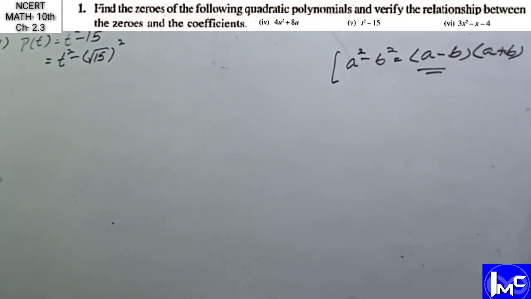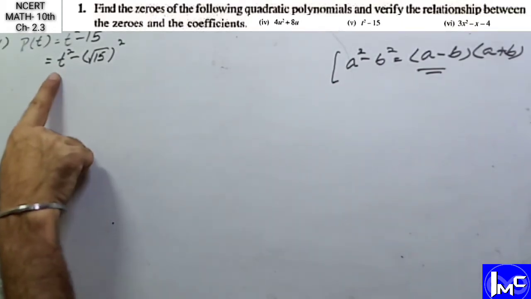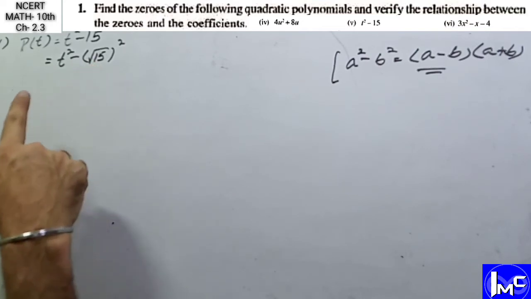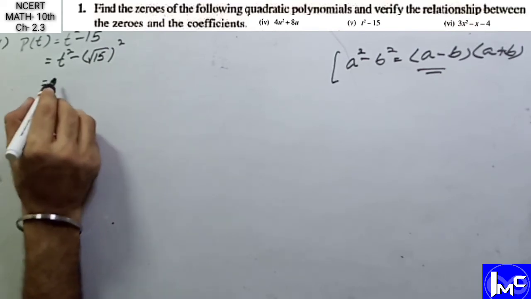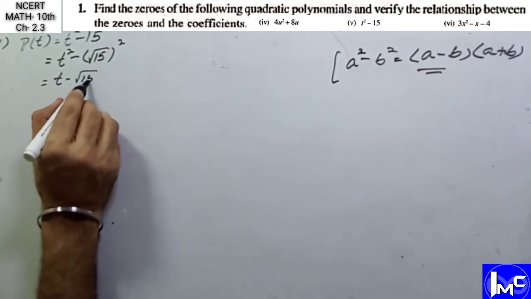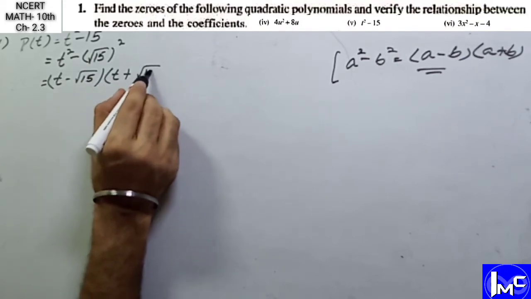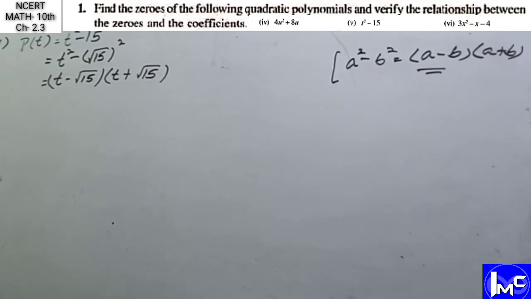Now you can see these forms are the same. Here a is t and b is under root 15. So by using this formula we can make the factors (t minus under root 15)(t plus under root 15). So these are the factors of this polynomial.